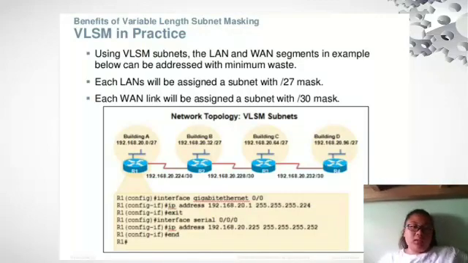VLSM in practice. Using VLSM, subnet the LAN and WAN segments.